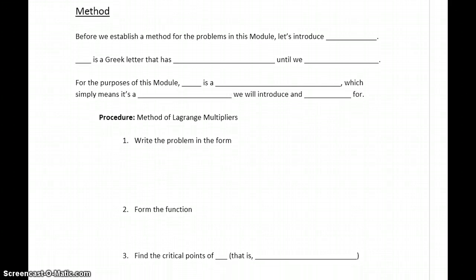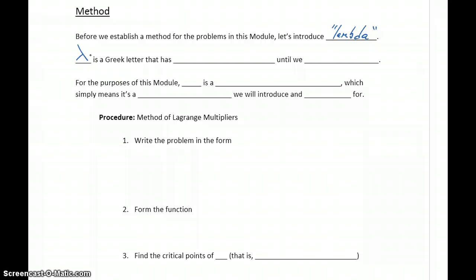Before we even do that though, we want to introduce lambda. Lambda is a Greek letter that's kind of a slanted pole being propped up by a leg. Typically when we get into math classes we start mixing in letters. Way back when you started algebra, that freaks people out.